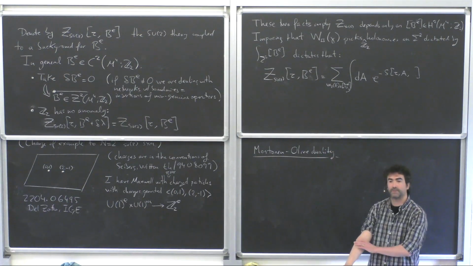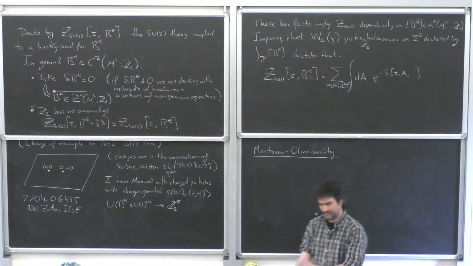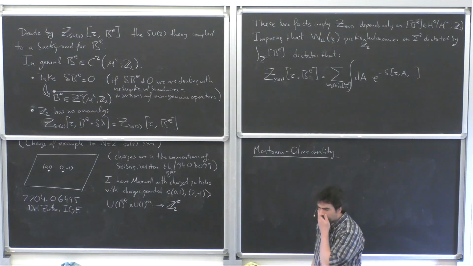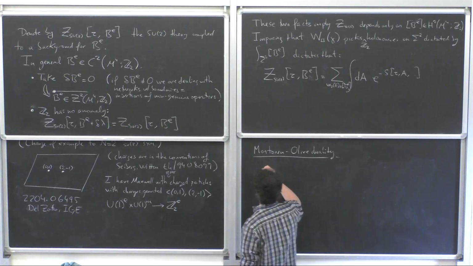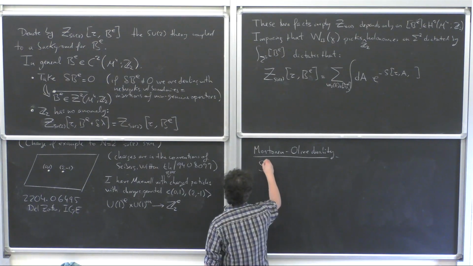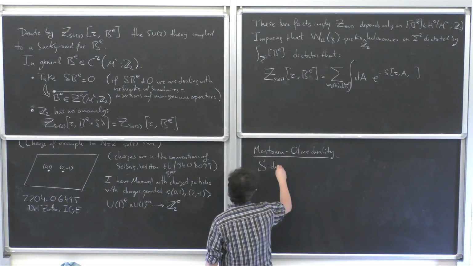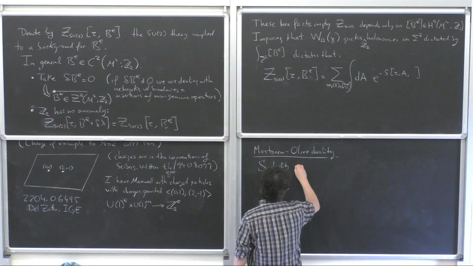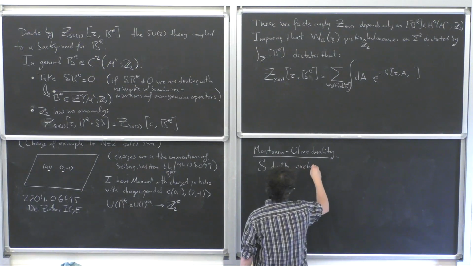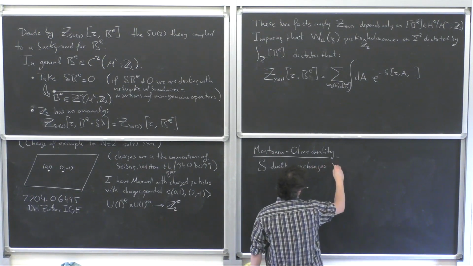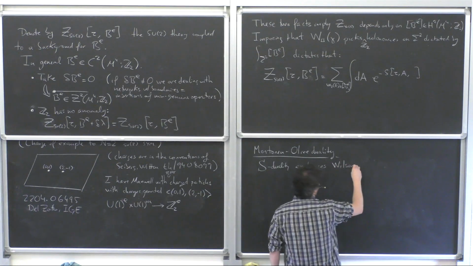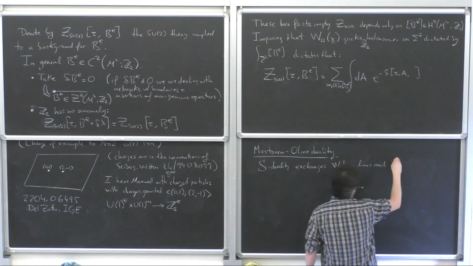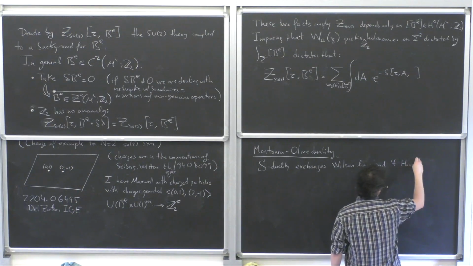Any questions? Okay. So under Montonen-Olive duality, in particular the S-duality generator, exchanges Wilson lines and 't Hooft lines.